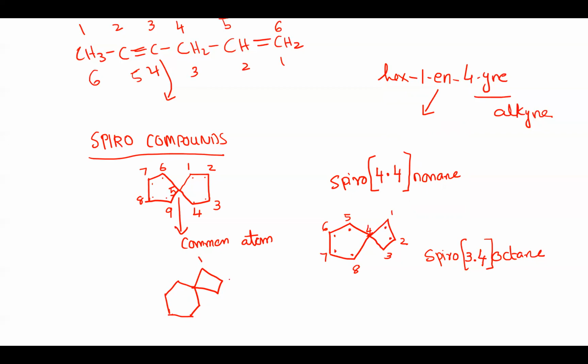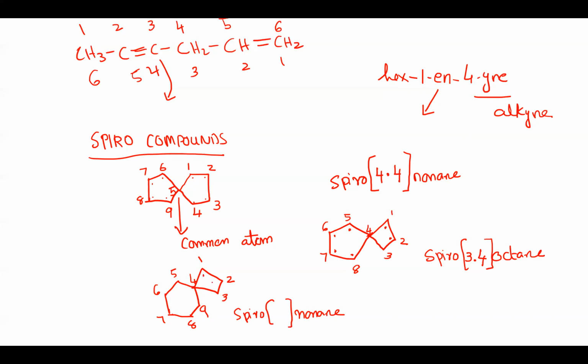Here we have to start with 1, 2, 3, because this ring has the minimum number of atoms participating in the ring. 1, 2, 3, then 4, then 5, 6, 7, 8, 9. Again, it's a nonane. You can see it's a spiro compound. Then we put a square bracket.